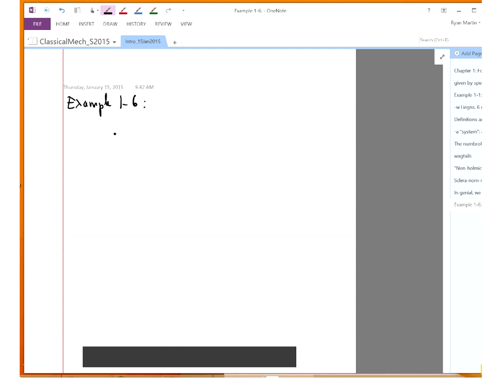Write out the constraint equations and the generalized velocity. So the system is, we have this bar here that's massless, and it has a length L. It has a stop at the end of it. We have our particle of mass m on it.